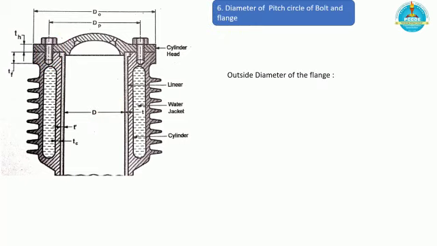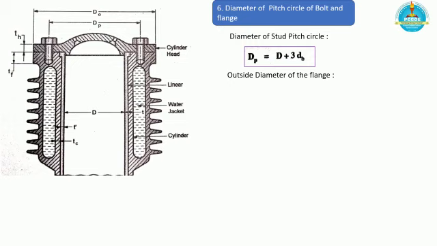Before going to the last step, we need to calculate the diameter of pitch circle of bolt and the flange. The diameter of the stud pitch circle is given by d plus 3 times the diameter of the bolt. It is an empirical relationship.